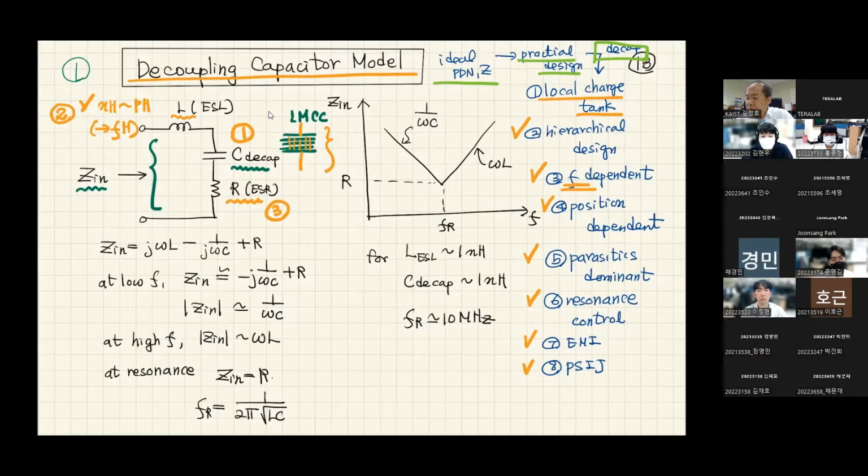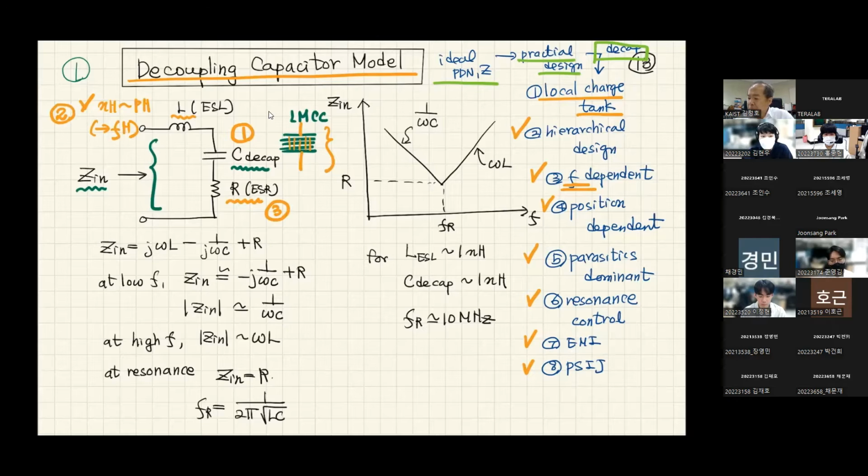You can obtain this equivalent circuit model from measurement or from simulations. But usually the manufacturer of decoupling capacitors is supposed to give you the equivalent circuit model or the measurement data.